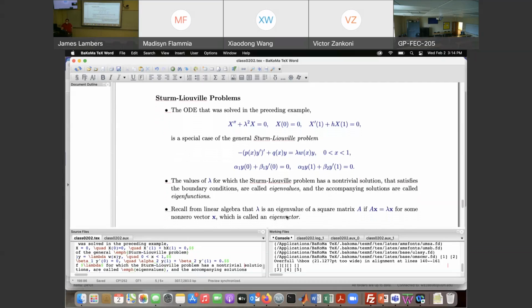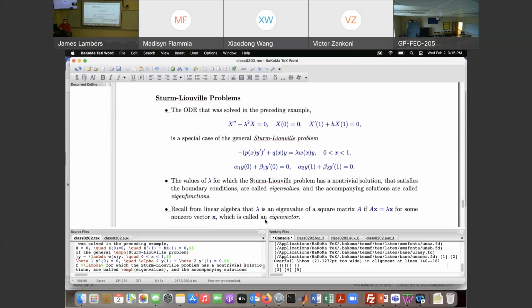So I'll recall the definition for you. If a square matrix A times a non-zero vector x is equal to a scalar lambda times the same vector x, then lambda is an eigenvalue of A, and x is an eigenvector of A corresponding to lambda.